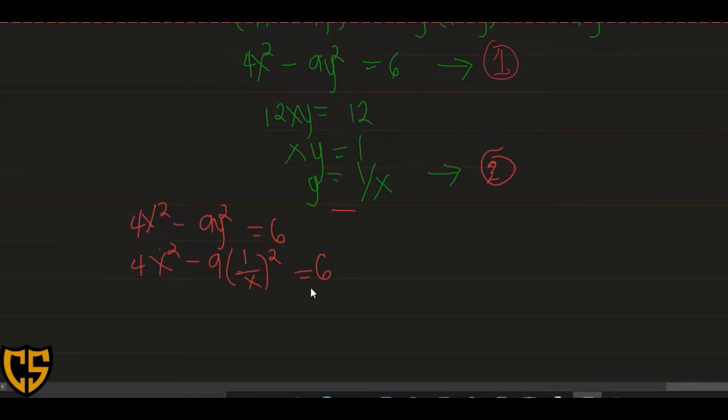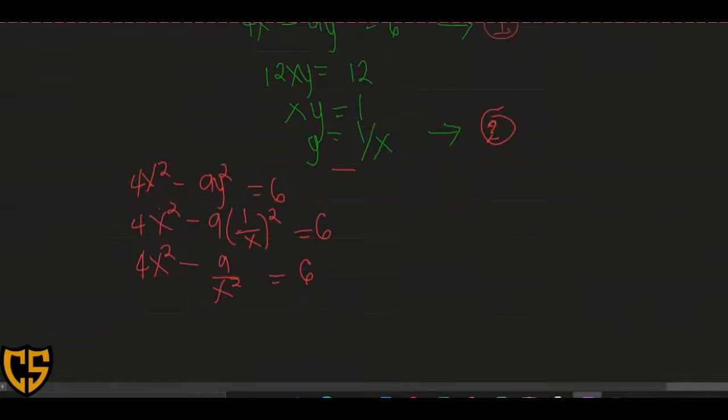Then, if we expand, we have 4x squared minus 9 all over x squared is equal to 6.